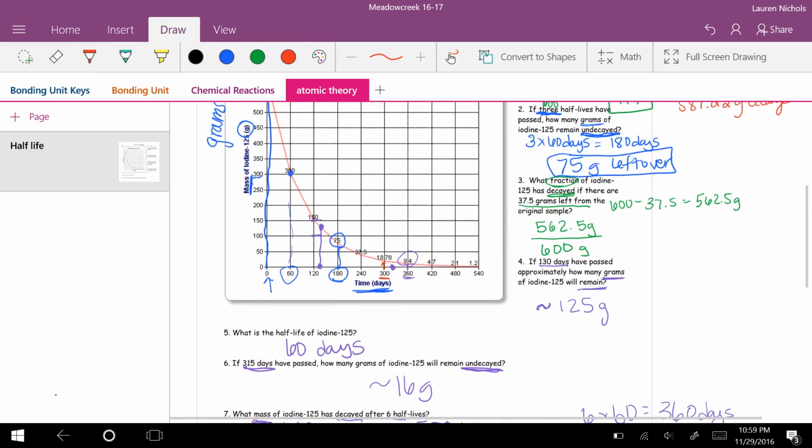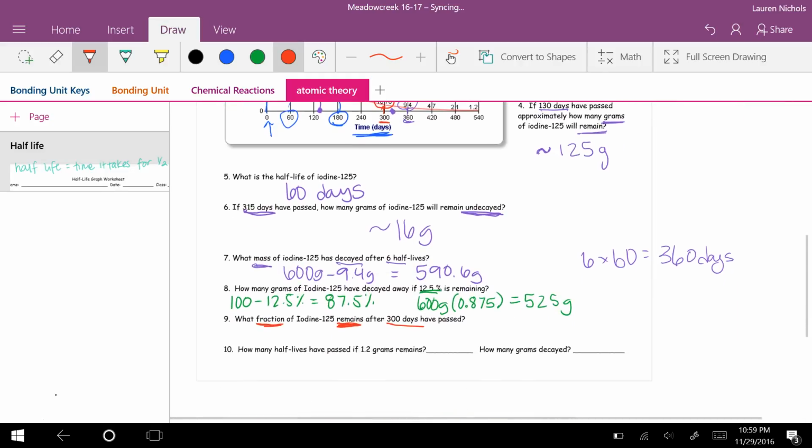So if we look for 300 days right here, we see that we have 18.78 grams remaining. And in order to put that in a fraction form, you have to put 18.78 grams divided by the initial 600 grams of iodine that we started off with. Okay, so we put our answer in a fraction form.